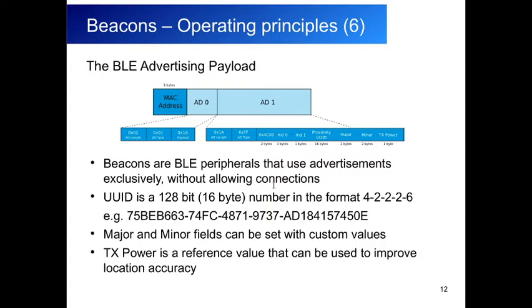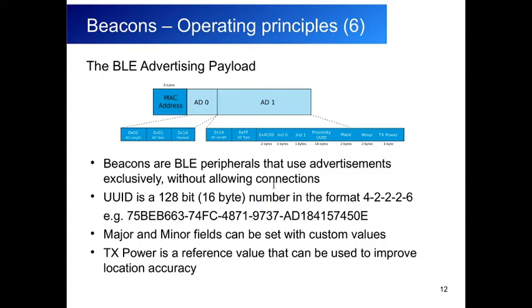So we use the UUID to identify which packet it is, which device it is. Then we can use the major and minor fields to identify, let's say, the major number could identify a room in a museum, and the minor could be the identifier of a different piece of artwork in each of the rooms.